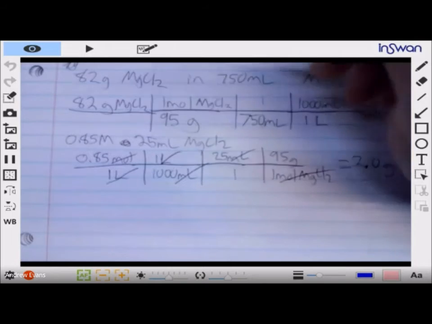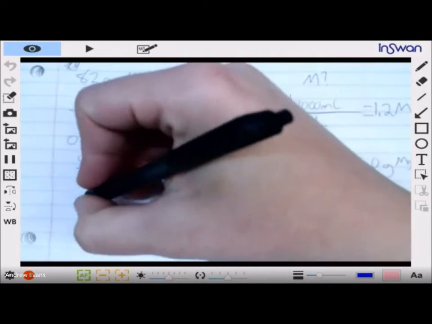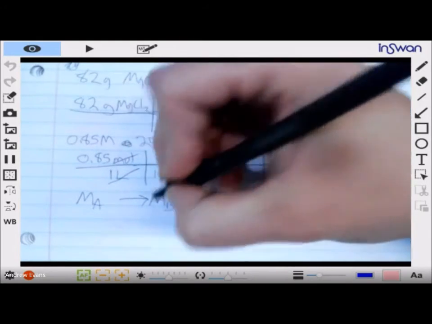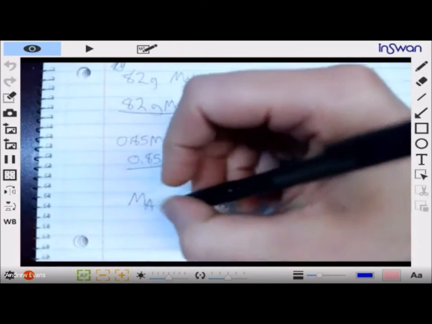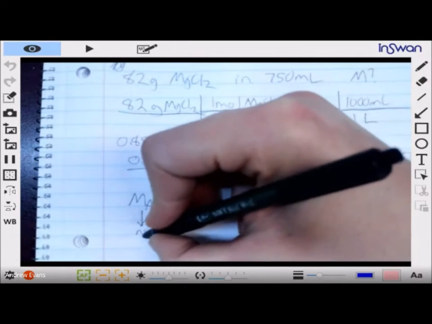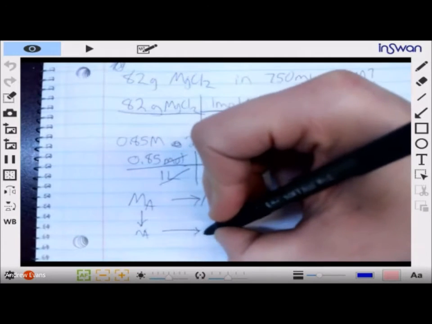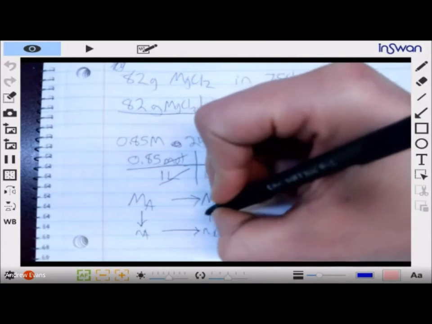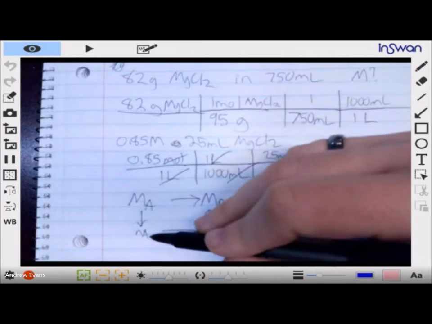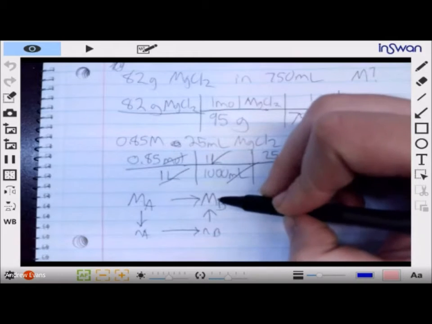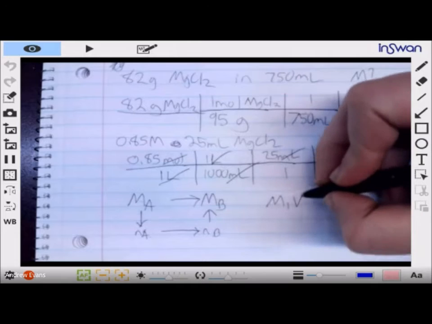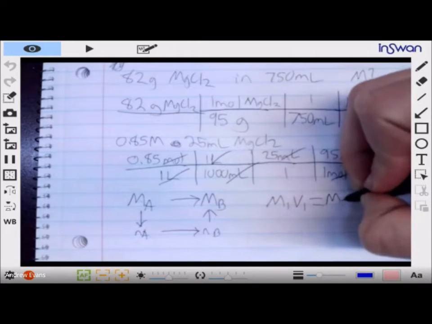One last thing we can typically do with molarity is go from molarity of A to molarity of B. We often skip this step, but we're going from molarity of A to moles of A, to moles of B, to molarity of B, the same way as we went grams of A, moles of B, grams of B. So we often rearrange this as M1 V1 equals M2 V2.